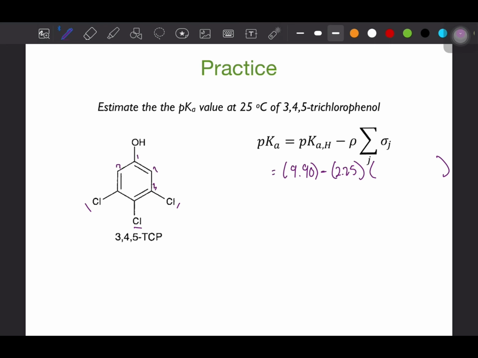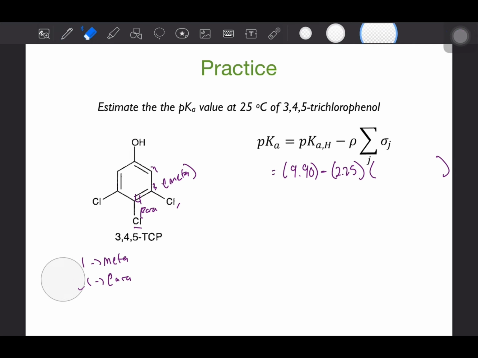These 2 chlorines are in meta positions because they're 2 carbons away from the main OH group here. So we have 2 chlorines here, which are meta. And we have 1, 2, 3, 4. We have 1 chlorine, which is in para, because the para position is 4 carbons away.